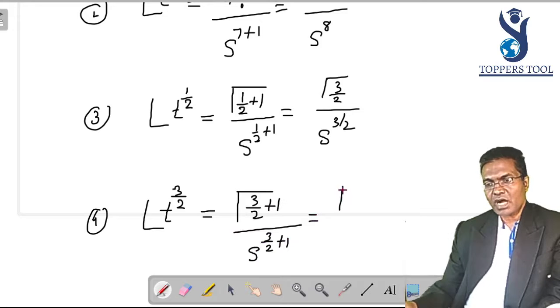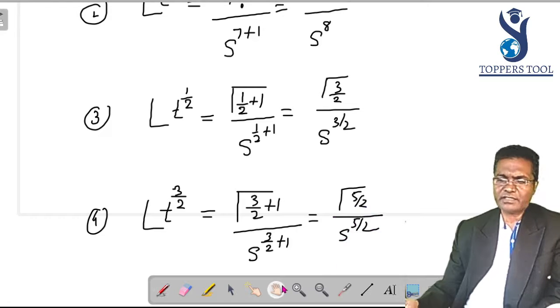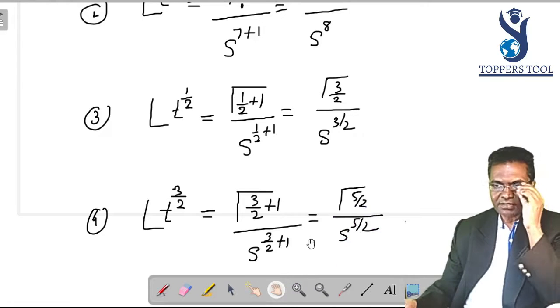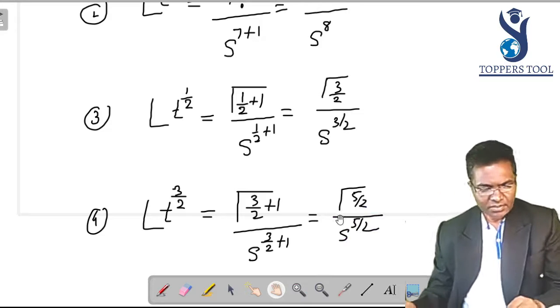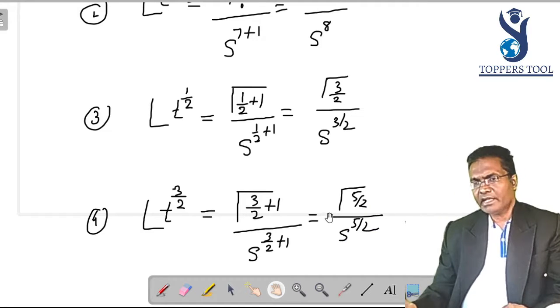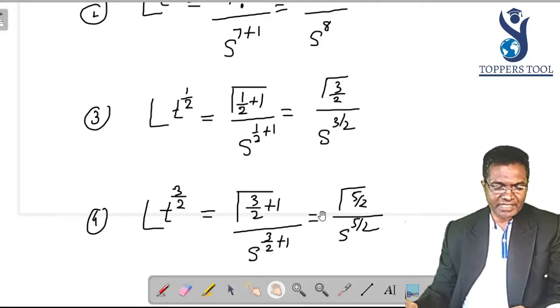That gives you gamma 5 by 2 by s power 5 by 2. As time proceeds, you will understand better. So now we'll be dealing with some basic examples.